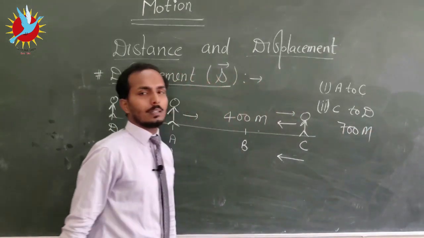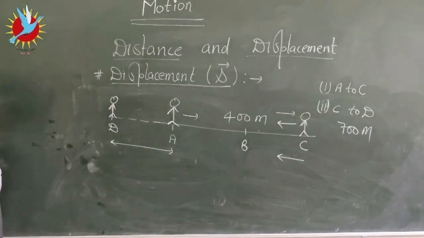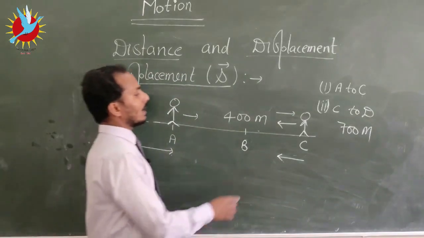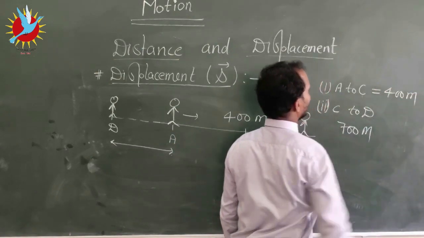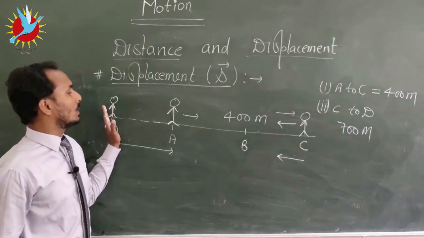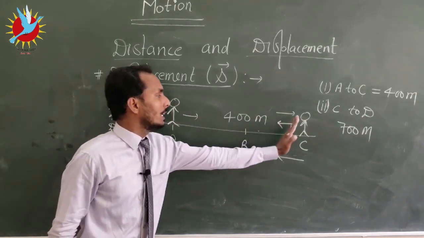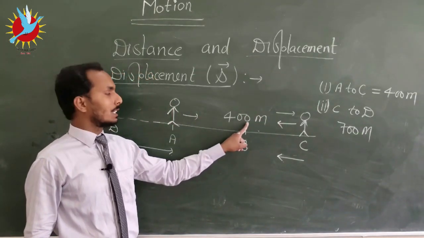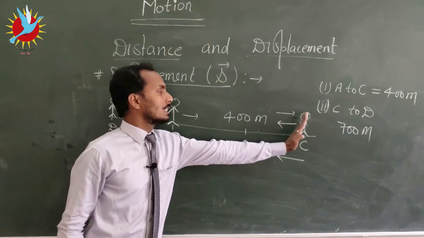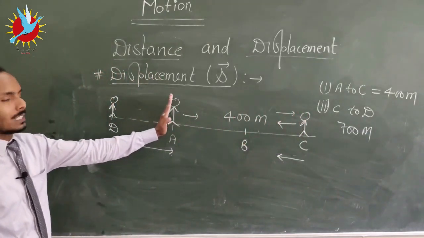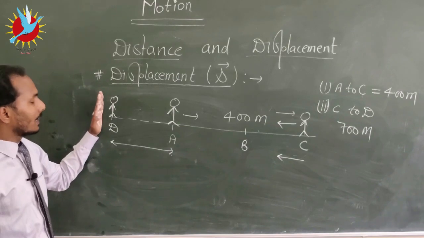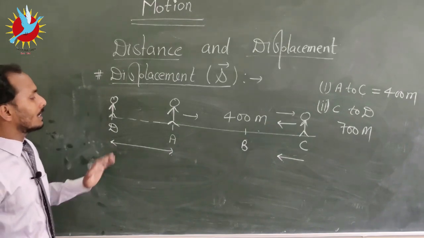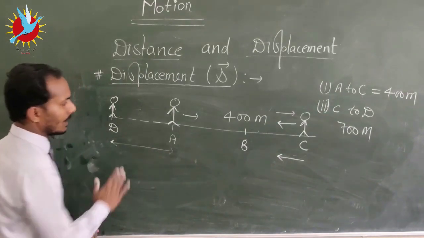Understand it? When it goes from A to C, it covers 400 meter distance. When it returns, it follows the same route in a straight line and reaches point D by covering 700 meter distance.